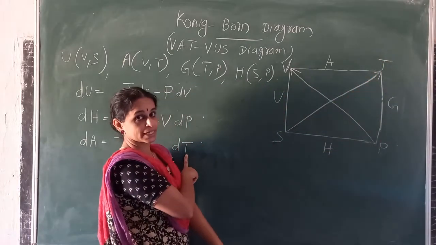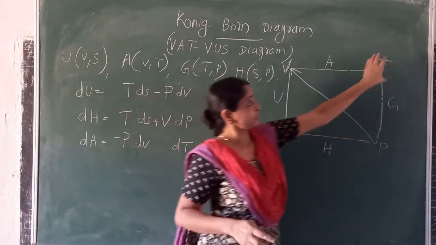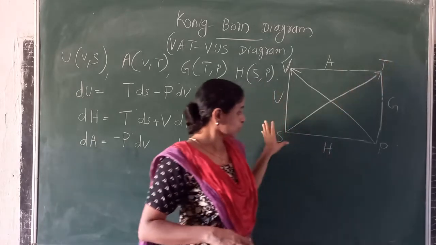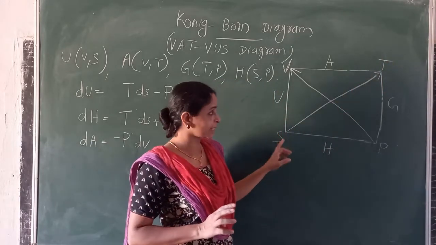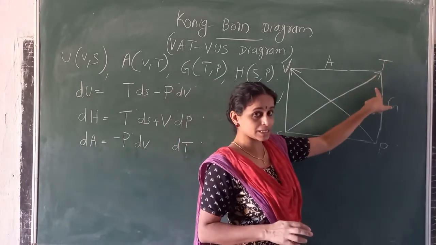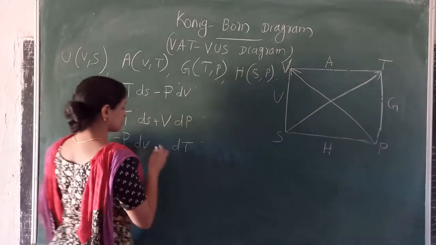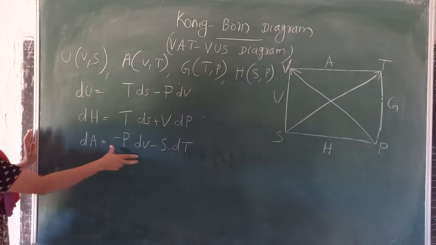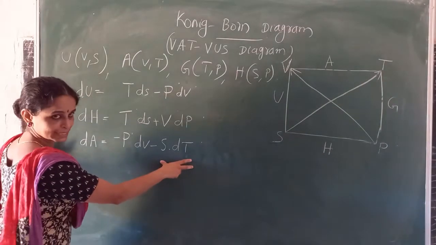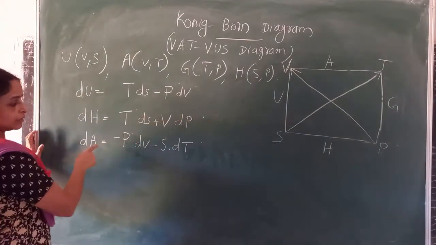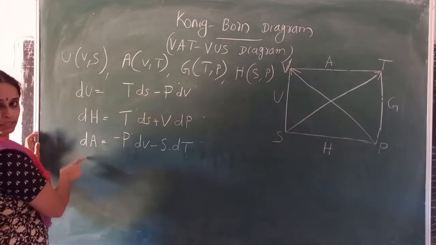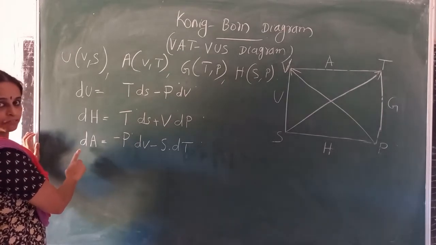Here the differential coordinate is dT, and from this to the conjugate coordinate the arrow is in this direction, so we can write minus. So minus PdV minus SdT is the relation for this Helmholtz free energy.